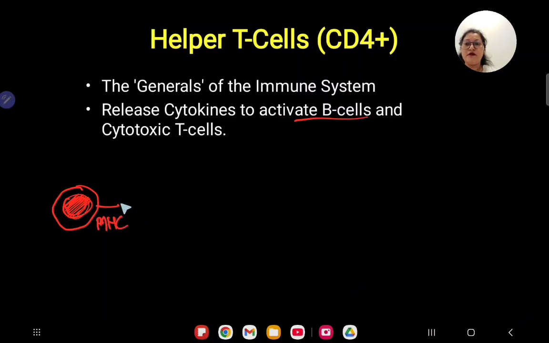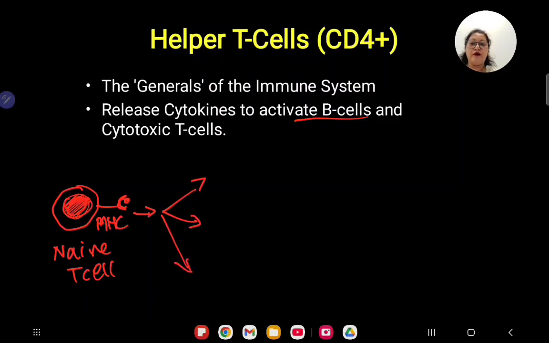This MHC complex is going to bind, let's say, to some antigen. Then this cell, which is our naive T cell, meaning it has not taken up any function yet in our body, is going to get differentiated into three parts. Either of three things will happen.